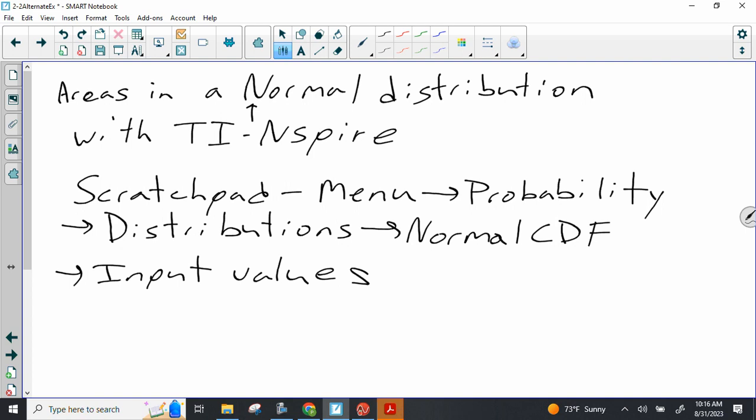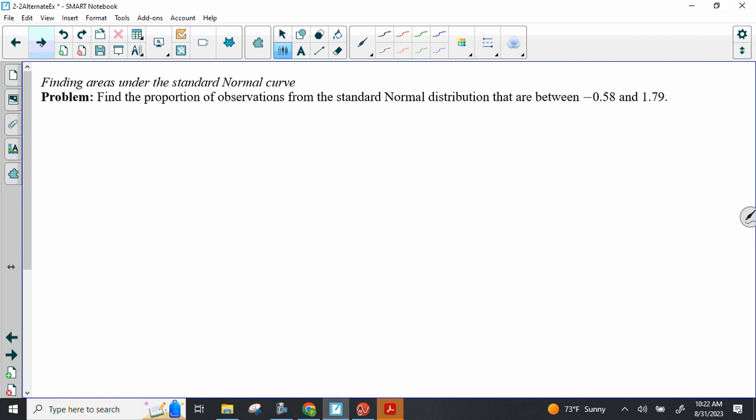Next one. All right, so you may be asked to find areas in a standard normal distribution. What does that mean, standard normal distribution? We're not talking about a mean that's some value in the world, right? We're talking about this distribution. Our standard normal distribution looks like this.